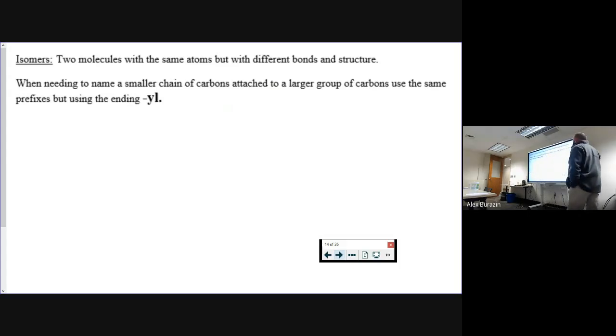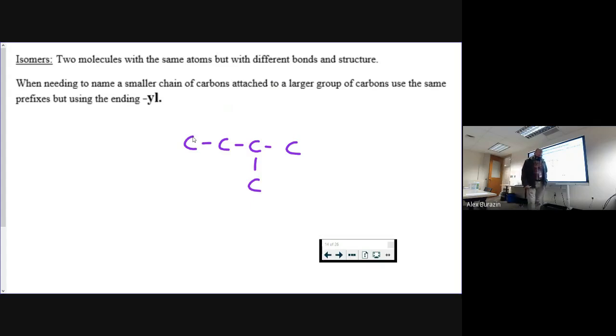If we need to name a smaller chain of carbons attached to a larger group of carbons, use the same prefix, but the ending yl. For example, let's say I had this, and I also had another carbon coming off of my chain in the middle. What's the longest consecutive chain of carbons, without doubling back? 4.